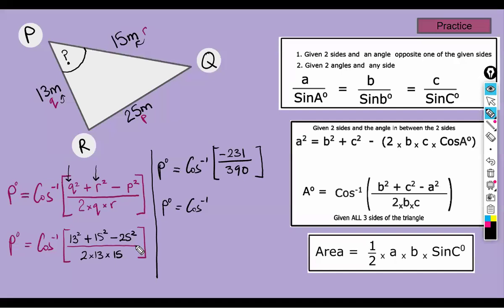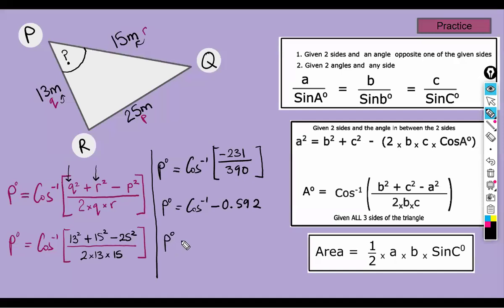Great. Let's divide it, and we're going to get negative, because we take a negative and divide it by a positive, right? So minus 231 divided by 390, I am getting minus 0.592.